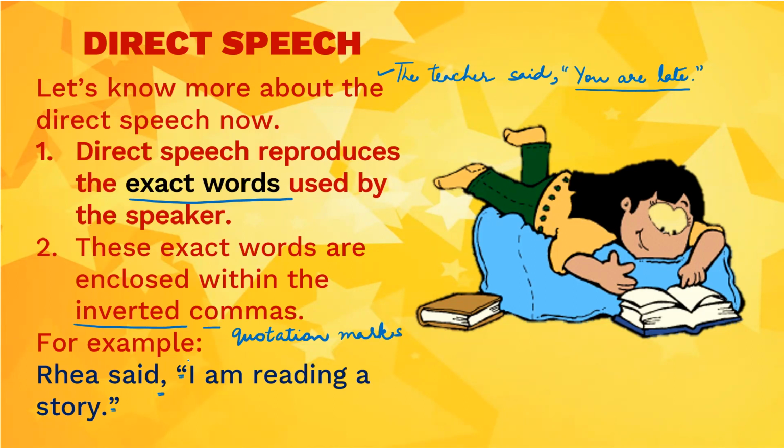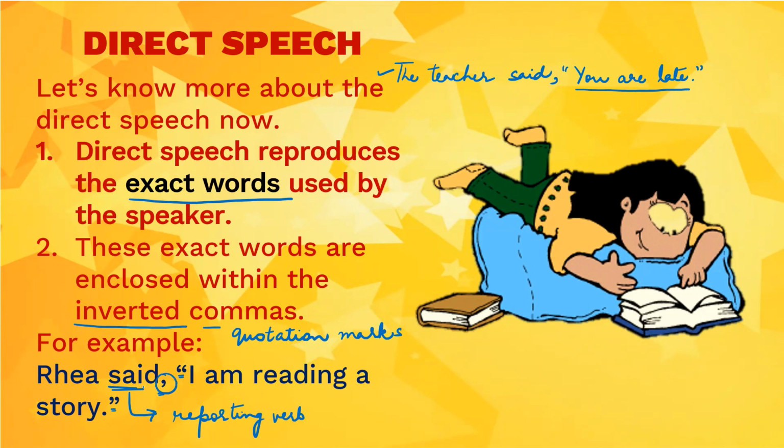Now, Ria said, comma. Now let us analyze what each part of this sentence is about. Ria said, that means you are now going to quote what Ria said. So when you write Ria said, this said is the reporting verb. These are the parts of a particular speech, that is direct speech. Ria said is the reporting verb. After this, you will always have to put a comma.